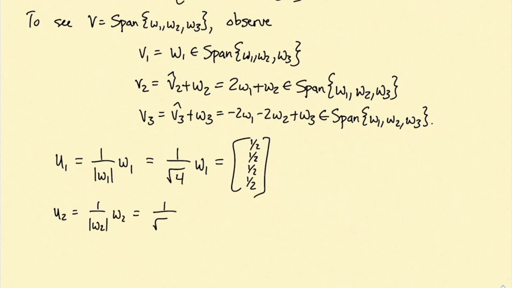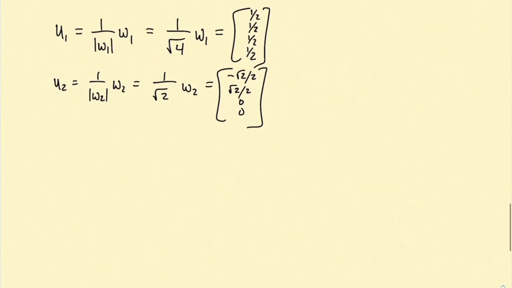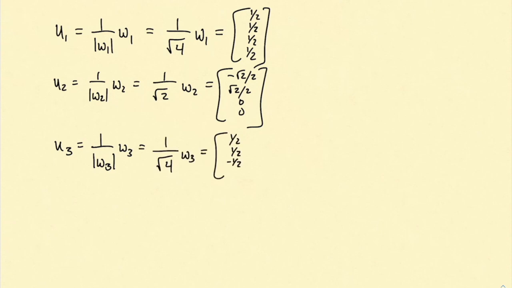So we're left with -√2/2, √2/2, 0, and 0 when we normalize W2. And the norm of W3 is the square root of 4. So we're left with 1/2, 1/2, -1/2, -1/2. And these three vectors form an orthonormal basis for our space V. Next time, we'll put this algorithm to good use talking about factorizing matrices.